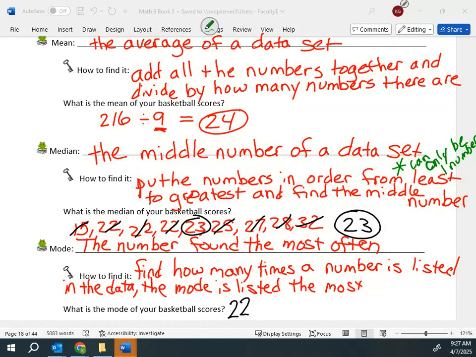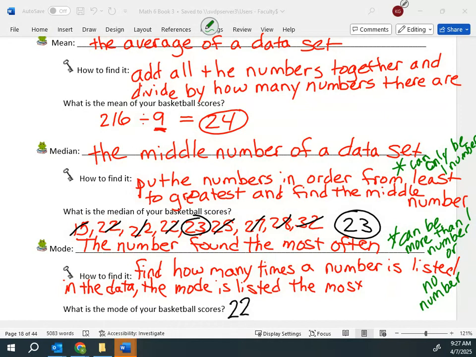The mode can be more than one number or no numbers. So, little notes to keep in mind. Median can only be one. The mode, you can have multiple modes or no mode.